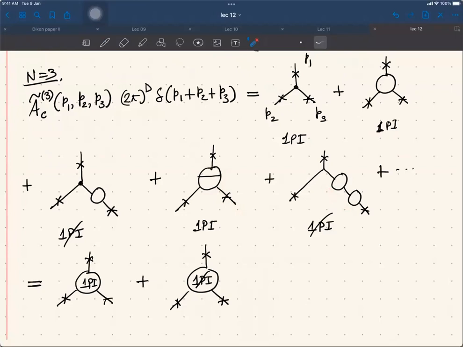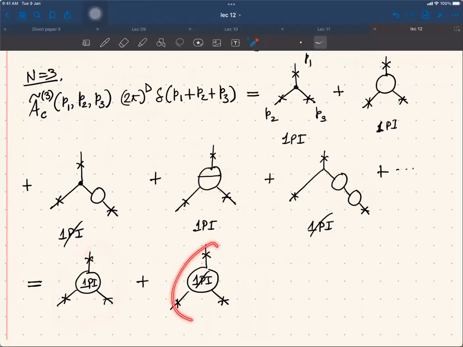In the first category, if you cut a line, then the diagram will not be disconnected. But in this case, the diagram will be disconnected.